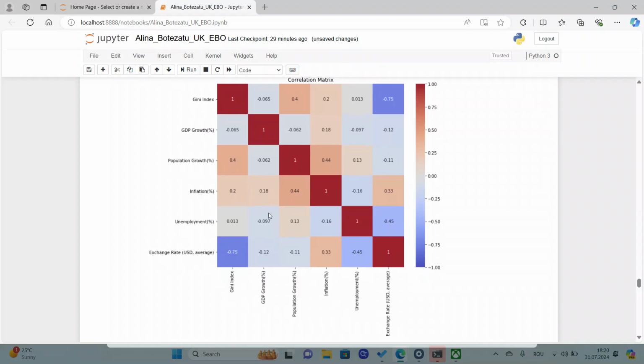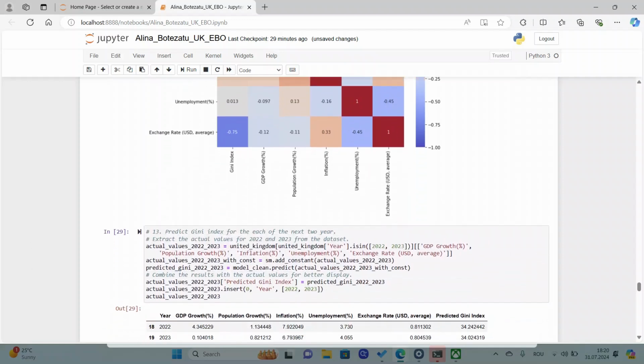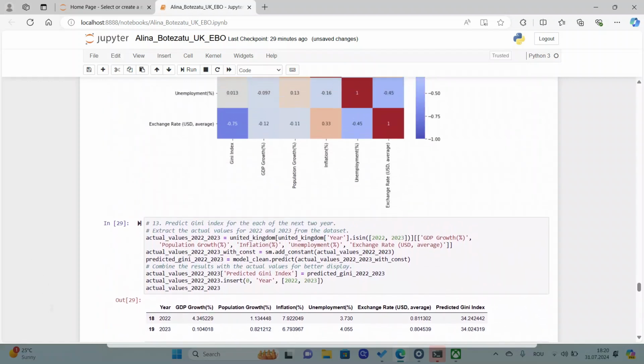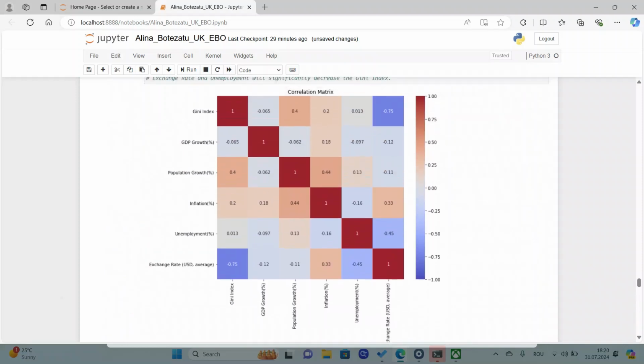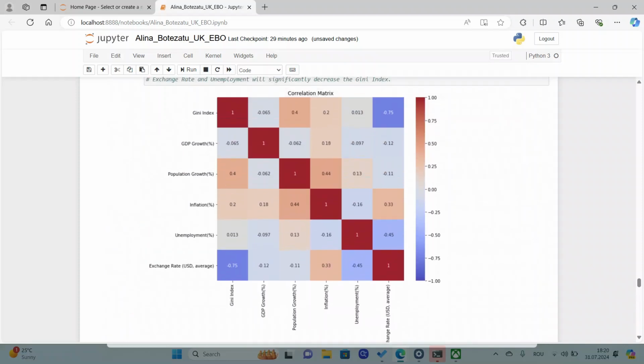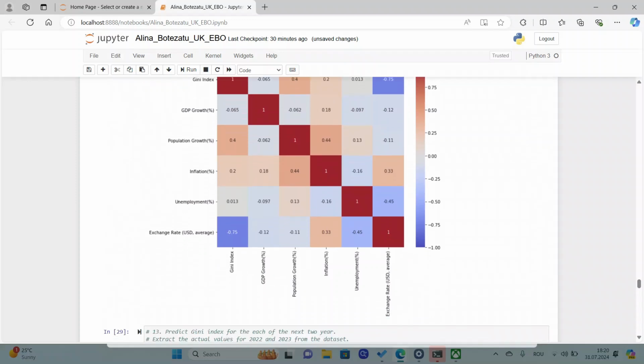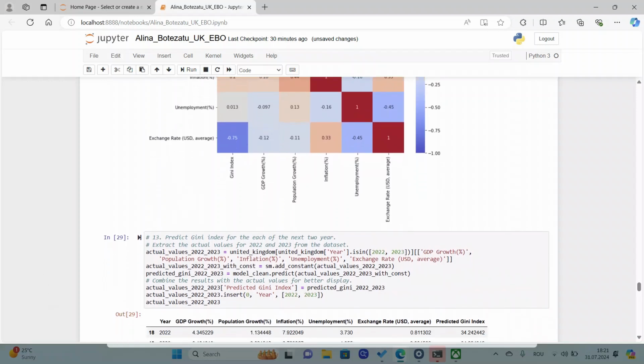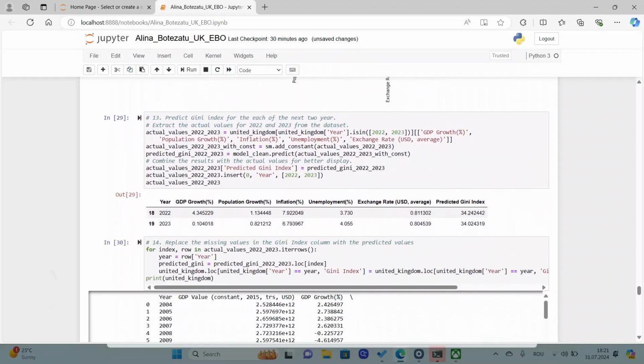Here is the exchange rate, and here is unemployment. So basically, the exchange rate, everything that is import, export, will have a significant impact on the Gini index.